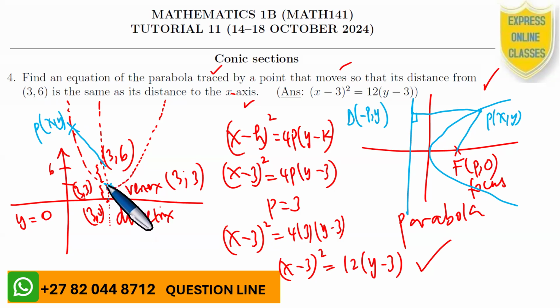By the time it gets here, its distance from the point is going to be the same as its distance from the x-axis. So this point is going to be in the middle there, and in the middle, it describes the vertex for us.